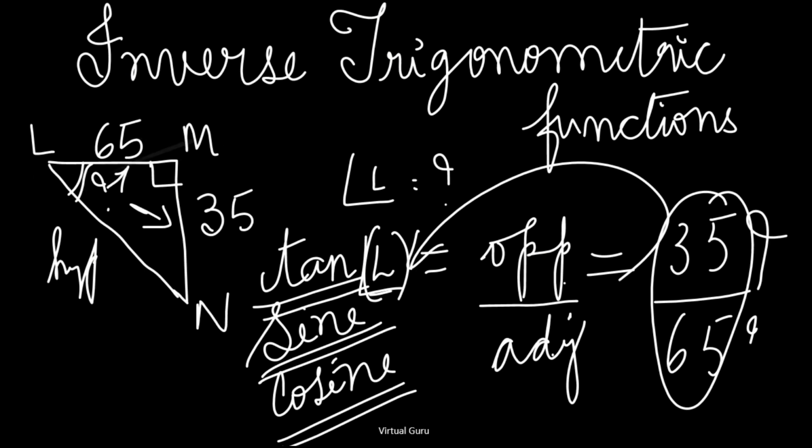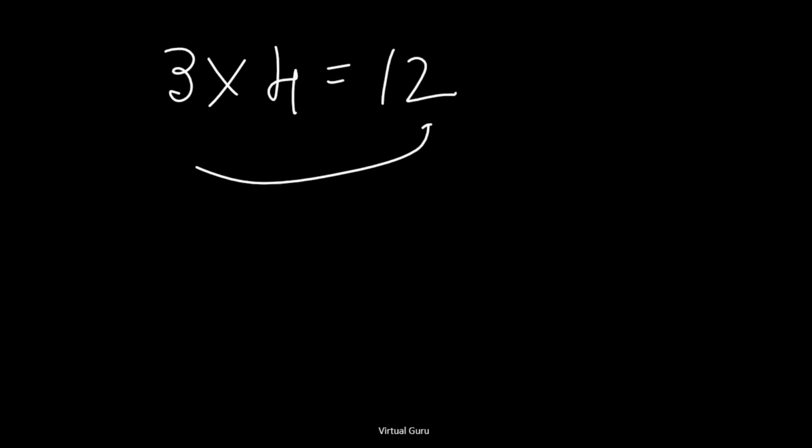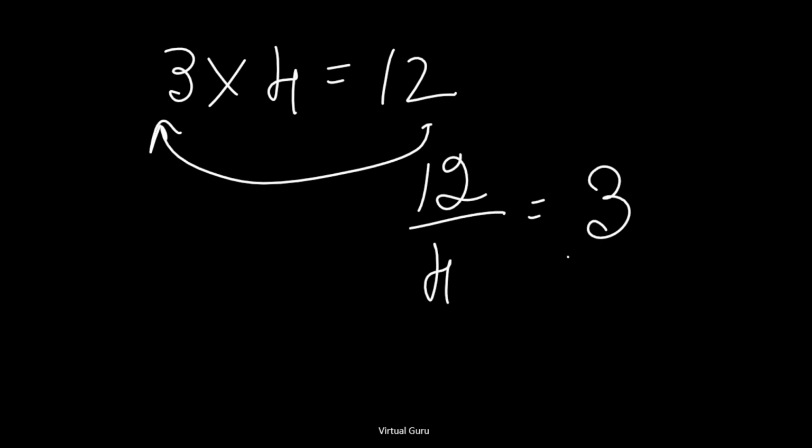In the same way, if we want to do multiplication, we have a number and we do some multiplication, we get an answer. Now we want to come back to our original number. So what we do is we divide so that we get our original number.